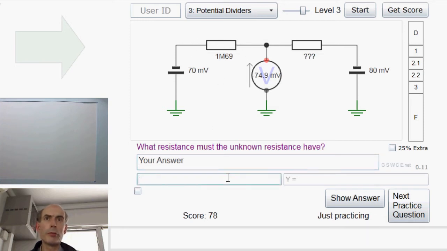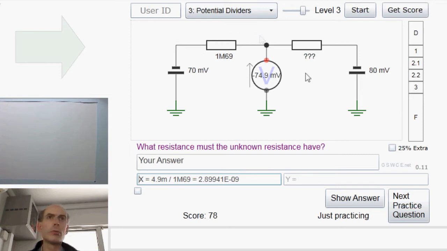And we know the value of the resistor, so 4.9 millivolts divided by 1 meg 69, that must be the current that's flowing. And since this is more negative than this, the current is flowing this way, left to right.